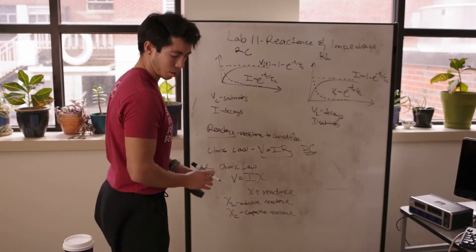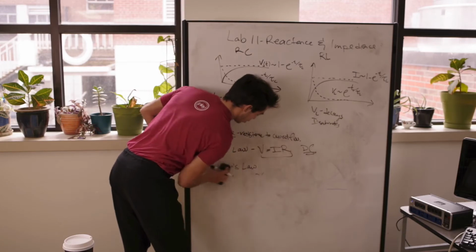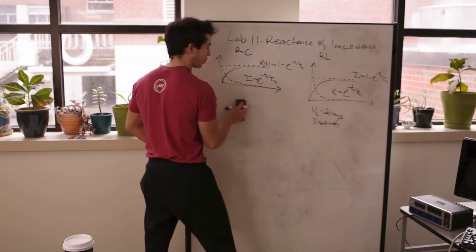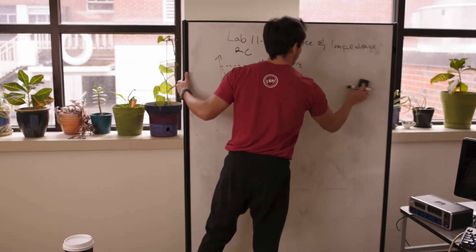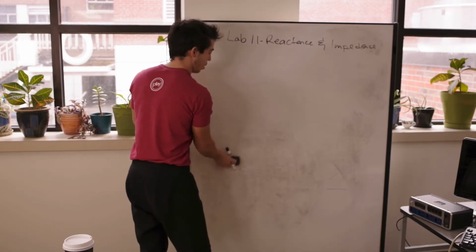Next we'll use some math to derive actual functions for chi sub C and chi sub L. Then based on the functions that we find, we will define experiments to confirm the relationship.